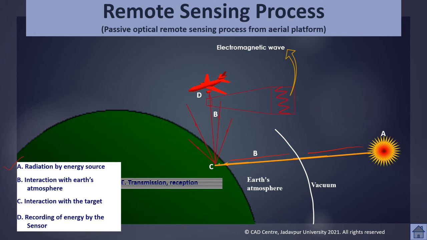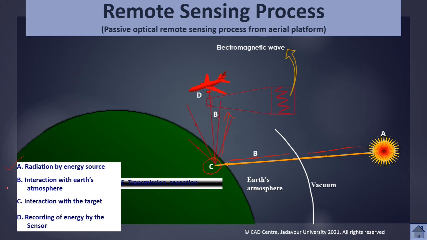Then the energy will hit the target and different interactions will take place at the Earth's surface. Then some amount of the energy will be reflected back after the interaction over the Earth's surface. Then this reflected energy will go towards the sensor, and while going towards the sensor, several interactions will also take place in the Earth's atmosphere, and finally the energy will be recorded.